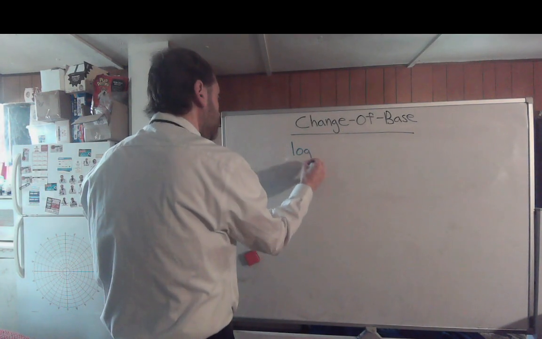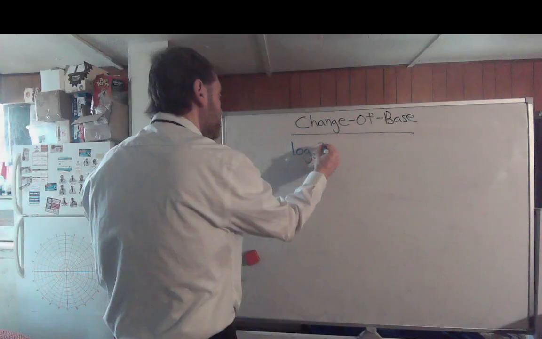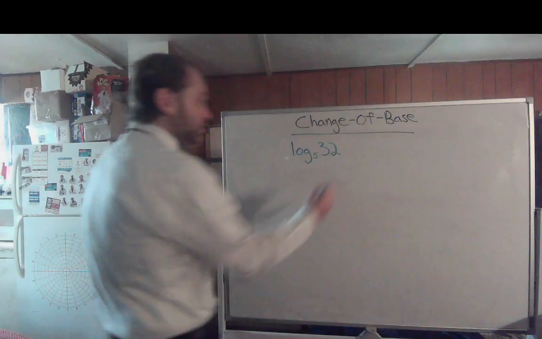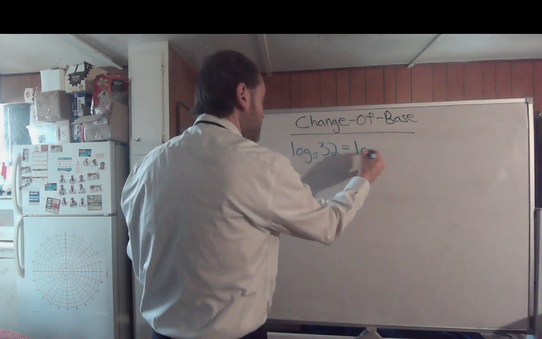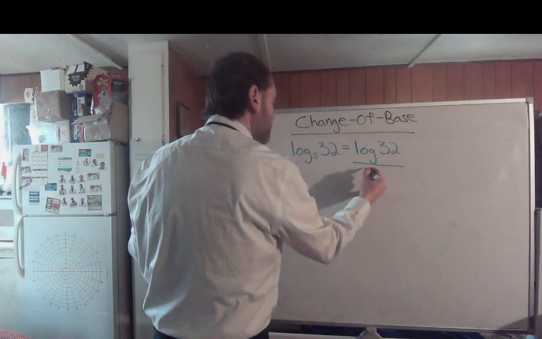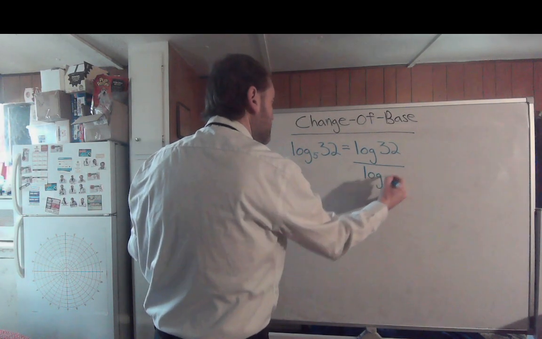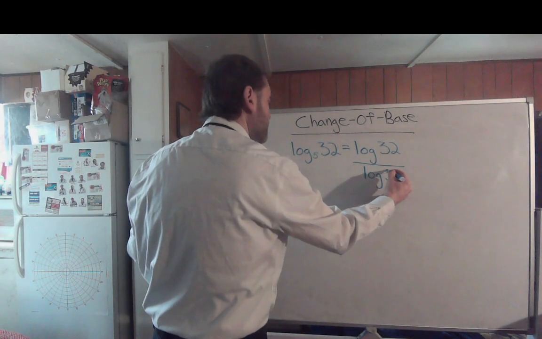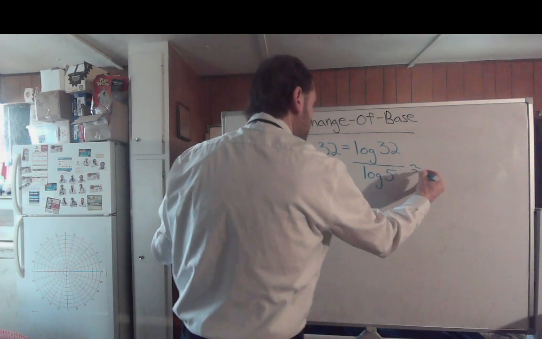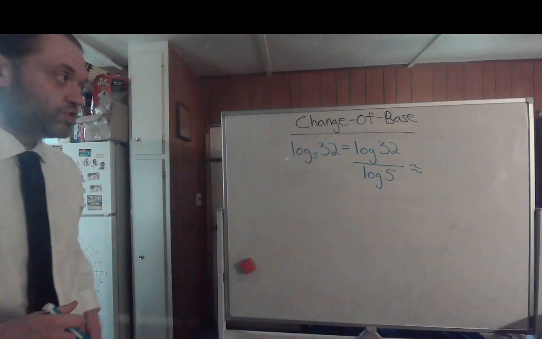All right, log base 5 of 32. So log base 5 of 32, that's going to equal log of 32 divided by the log of 5. So log of 32 divided by log of 5, now we can get a decimal approximation.